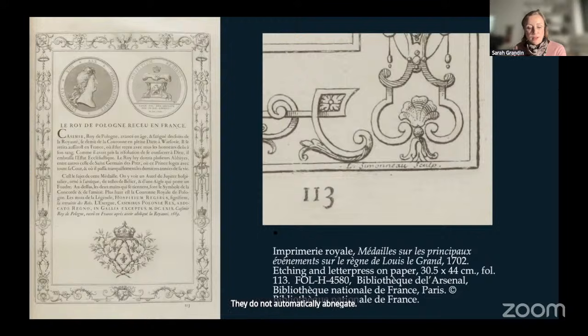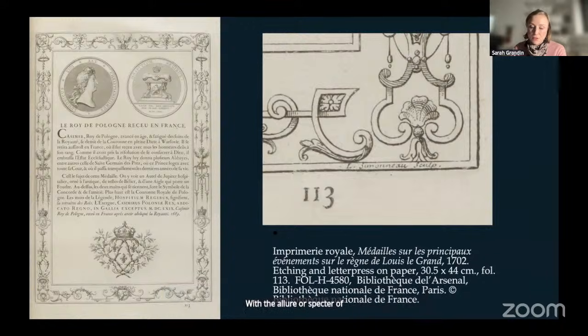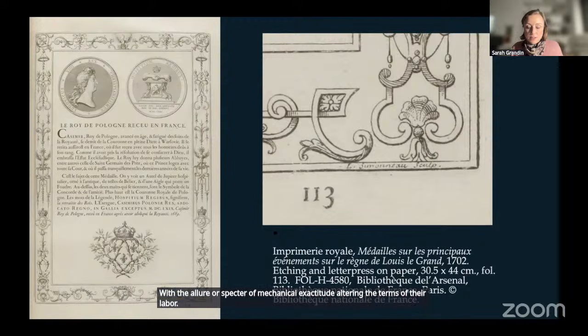Simonot's signature and experiments with mark making, along with discussions of Grandin's irreplaceable skills, reveal an unease with calls to evacuate the self for the sake of unity, precision, or objectivity, with the allure or specter of mechanical exactitude. By altering the terms of their labor, Louis XIV's artisans found ways to assert their value as irreplaceable, unscalable practitioners.